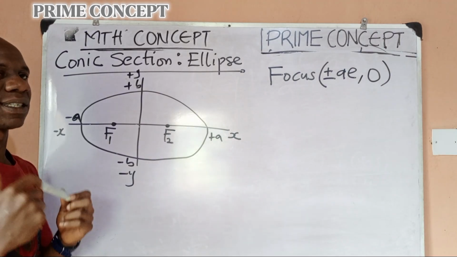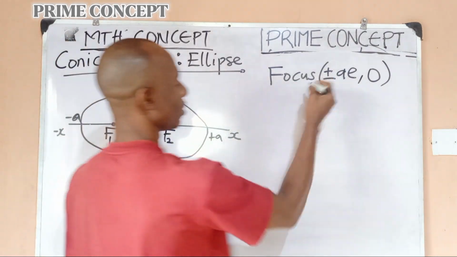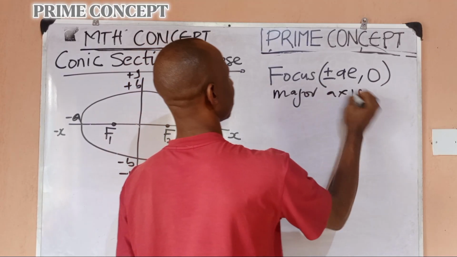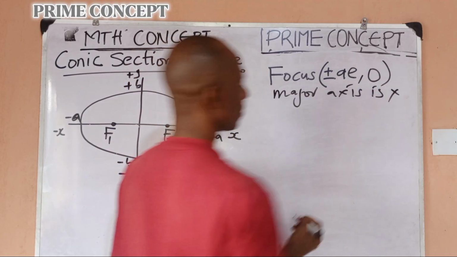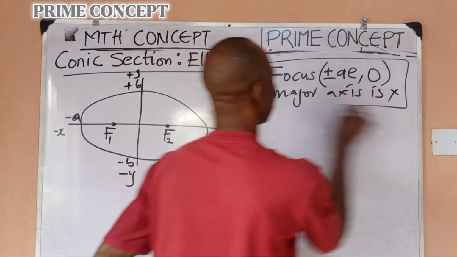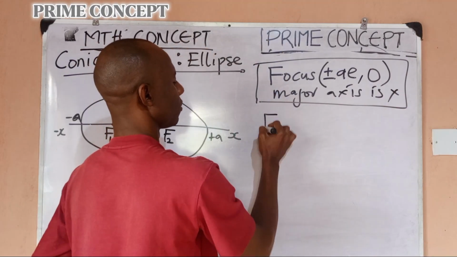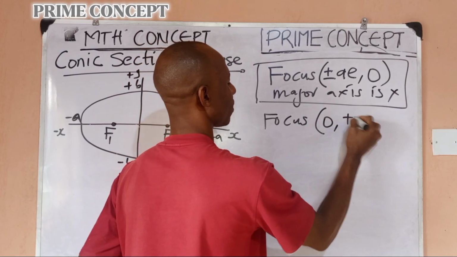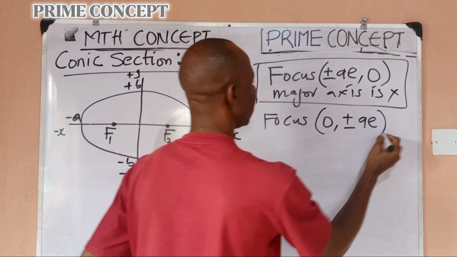If the major axis is your y-axis, so let me write: major axis is x. If your y-axis is major, then your focus will change. The focus would now become 0, plus or minus ae.